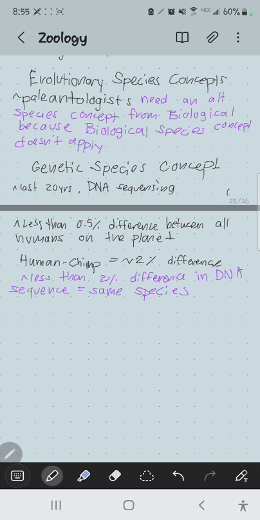But what I want to point out is that this 2% is really human, primate, or certainly mammal specific. I have an article on our Canvas site, so let me show you real quick.